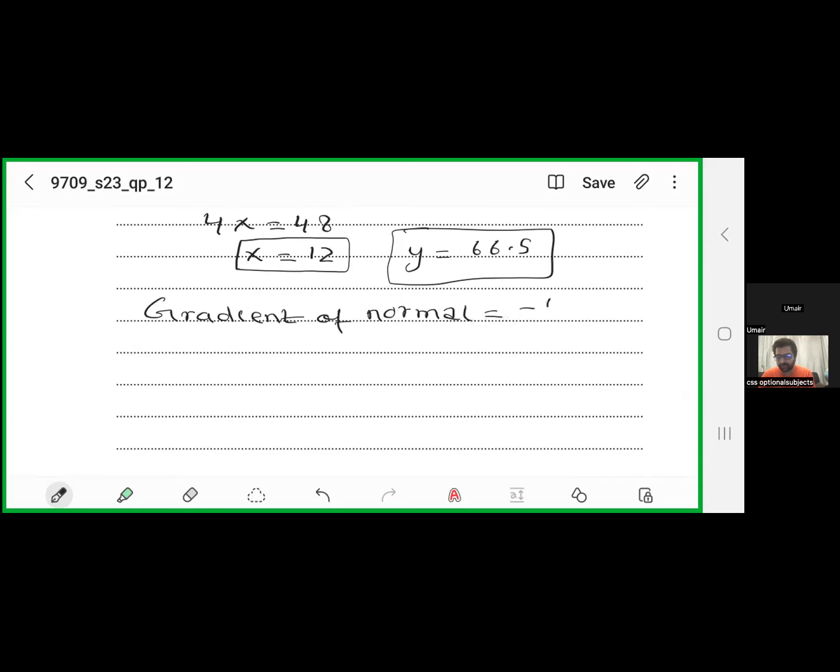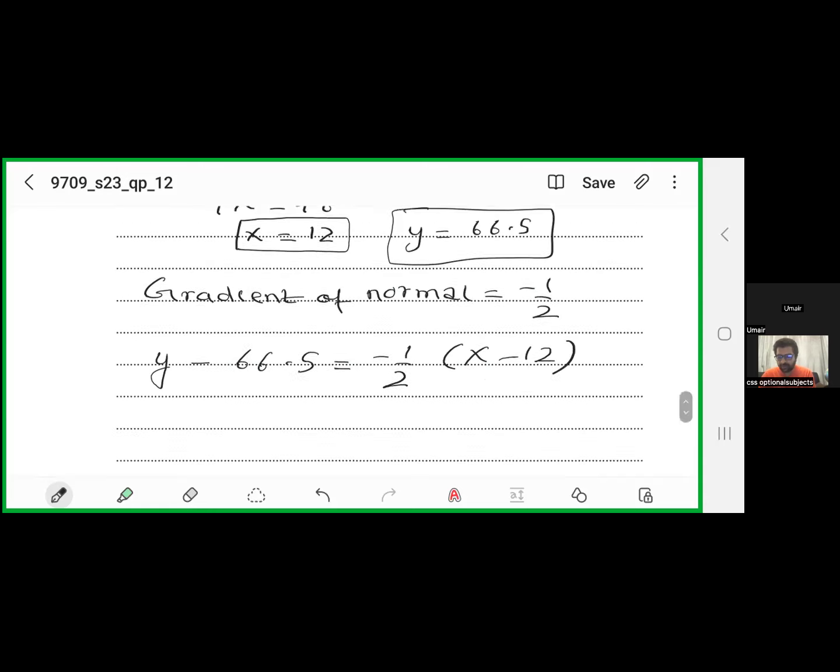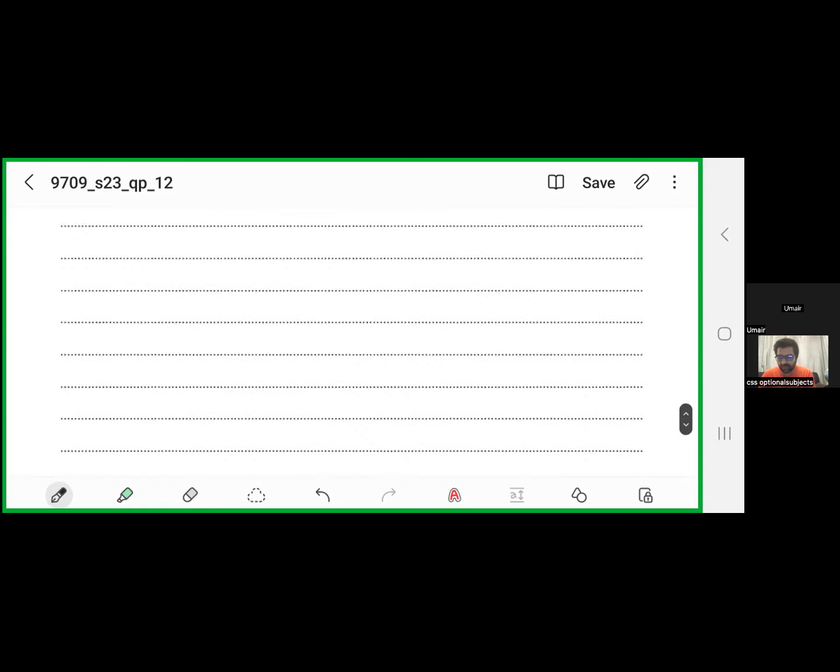Gradient of normal is minus 1 by 2. So from here you can find equation of normal. Y minus y1, which is 66.5, is equal to m, gradient of normal, which is minus 1 by 2, as gradient of tangent was 2, times (x minus 12). So this is how you can solve this question.